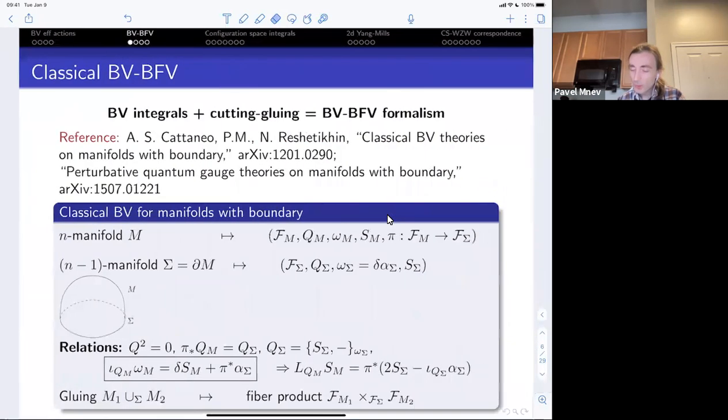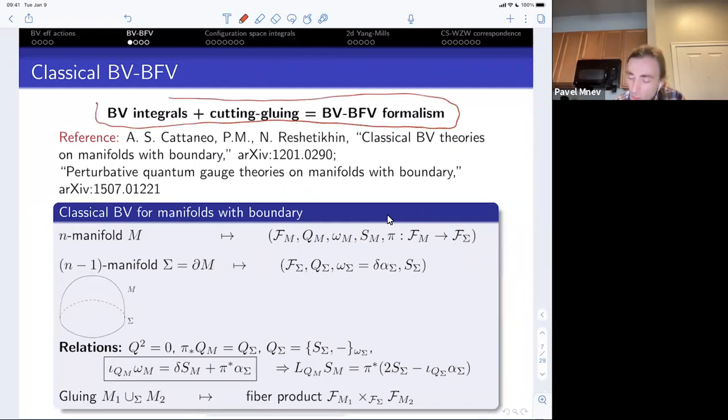Okay, so that's what I wanted to say about BV without boundaries. And now this refinement to gluing and cutting. So this is the slogan that what we want to do is put together BV integrals with Segal gluing and cutting. And the result is dubbed BV-BFV formalism.